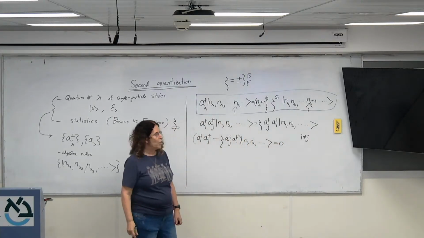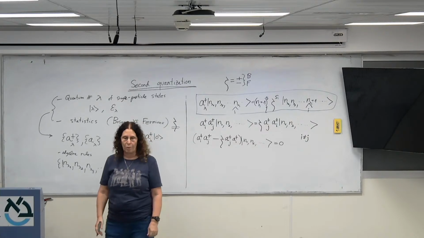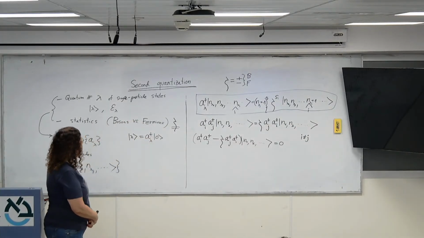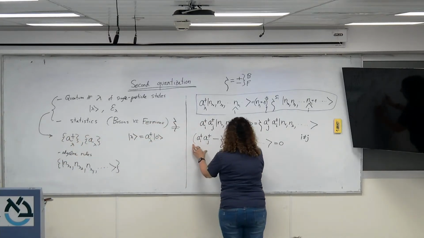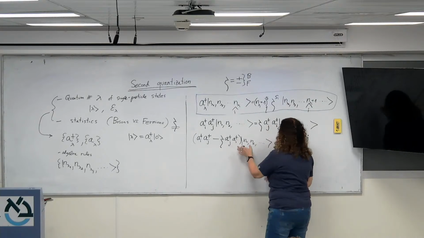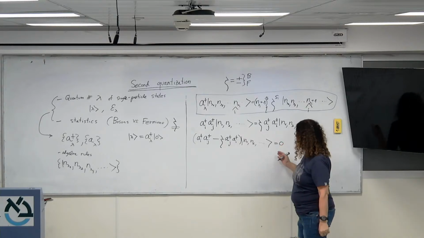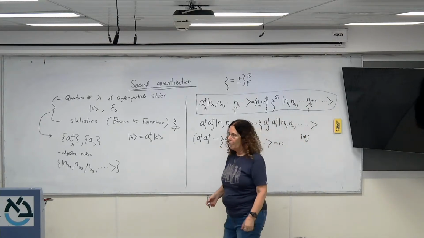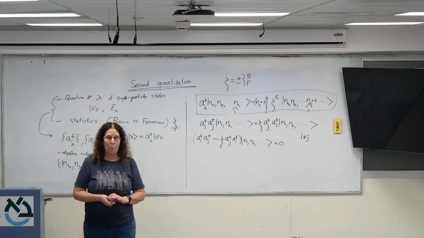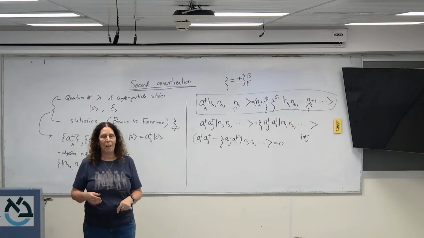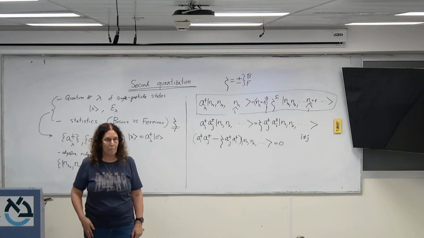I just move this to the left-hand side, and the right-hand side remains 0. Now, what is the meaning of the expression I wrote here? Here I have some operator that acting on any basis state gives me 0. Therefore, this is a definition of the null operator. An operator that gives me 0 on any basis will annihilate any state, any superposition.